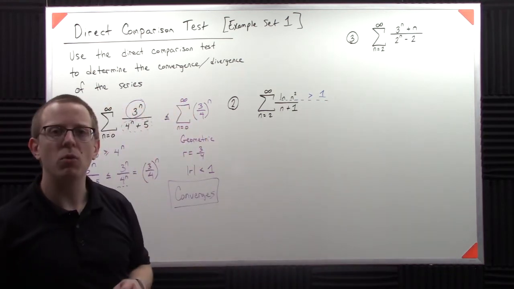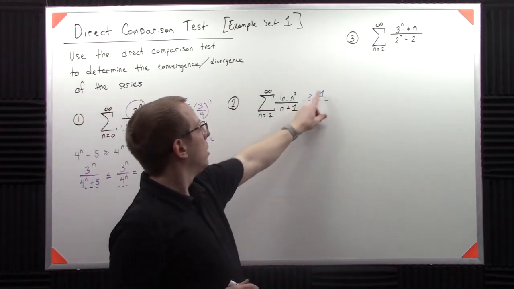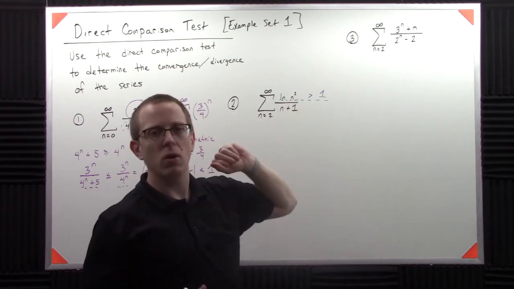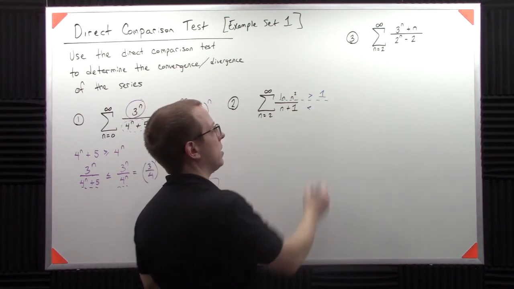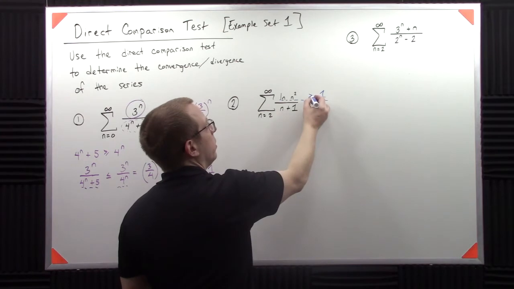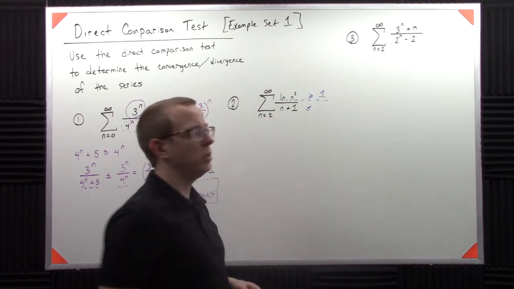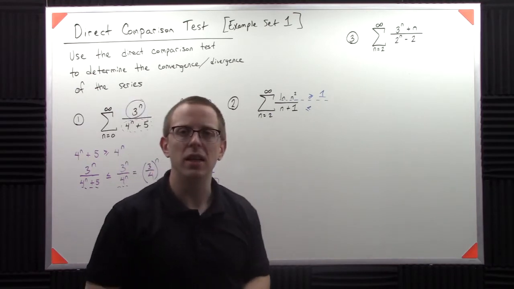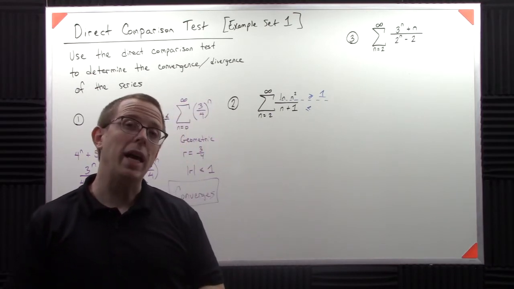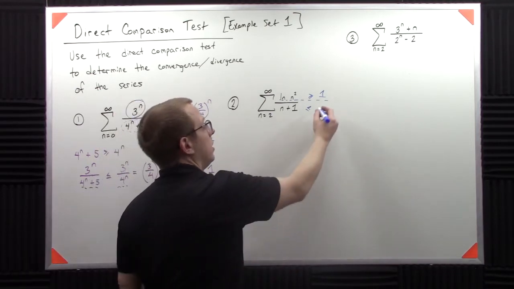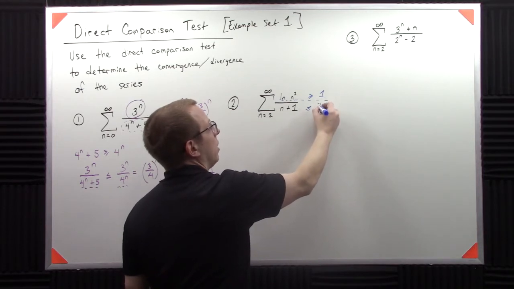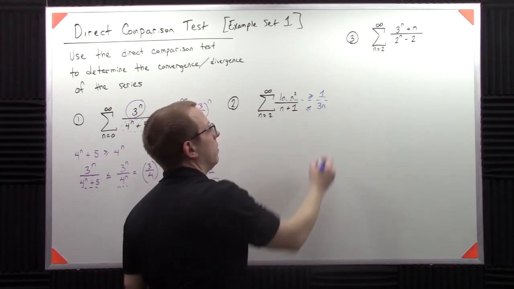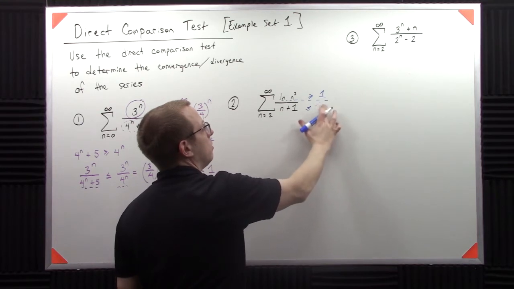So I need something where the numerator is greater and the denominator is less. Strictly greater than or equal to, less than or equal to. So I can't use just n. That doesn't work. But what I can do is say something like 3n, or even in this case 2n.